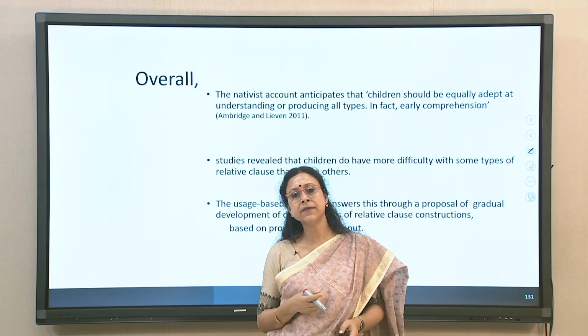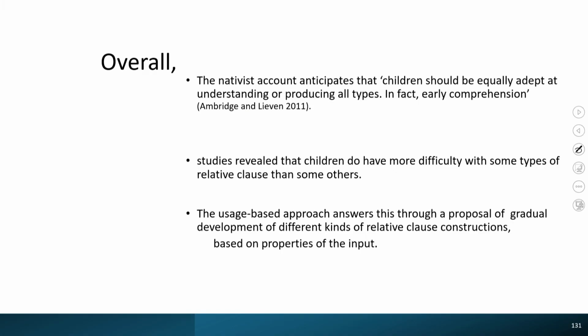Overall, the nativist account anticipates that children should be equally adept at understanding or producing all types of relative clauses from the very beginning. In fact, early comprehension studies have revealed that children do have more difficulty with some types of relative clause than others. So, data takes us to that part as well.